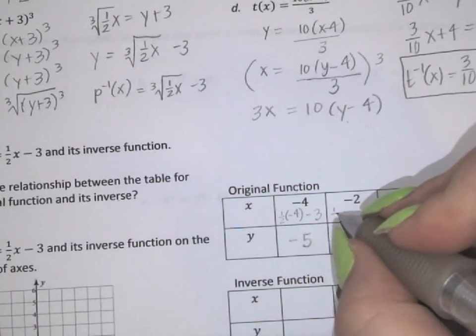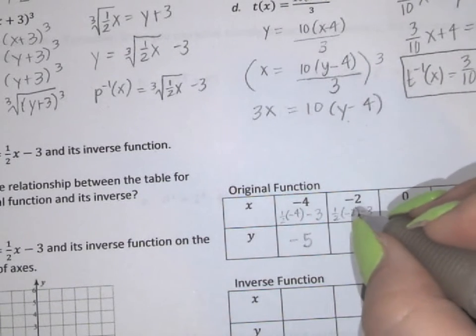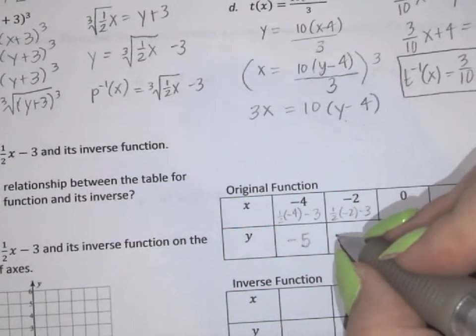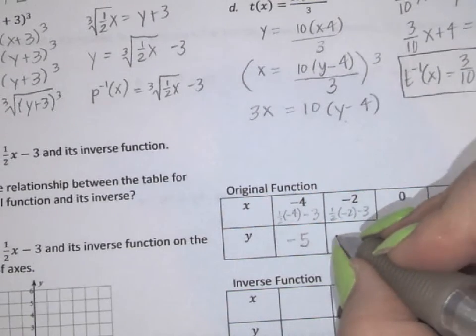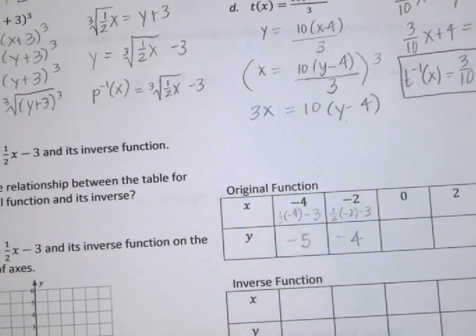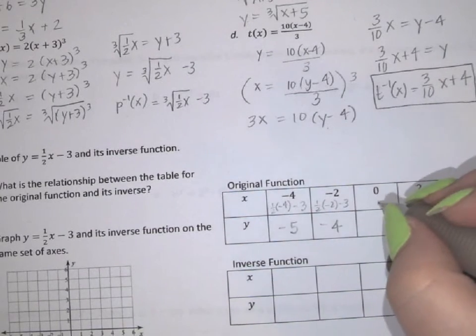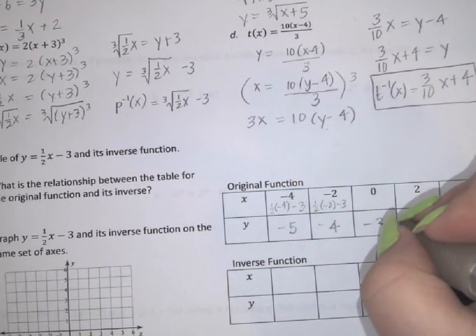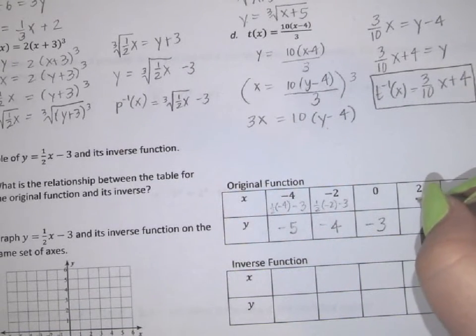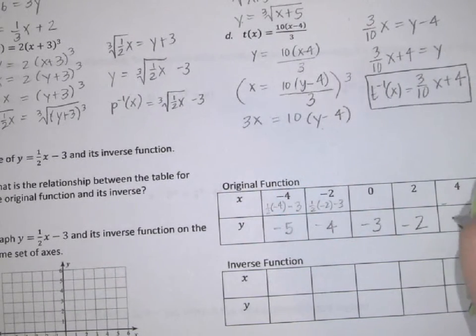Then 1/2 of negative 2 is negative 1. Negative 1 minus 3 is negative 4. And then so on. 1/2 of 0 is 0, minus 3 is minus 3, and 1/2 of 2 is 1, minus 3 is negative 2, and 1/2 of 4 is 2, minus 3 is negative 1.